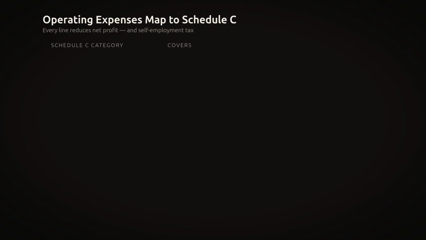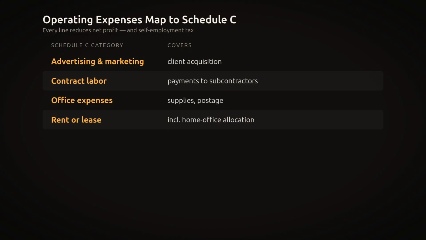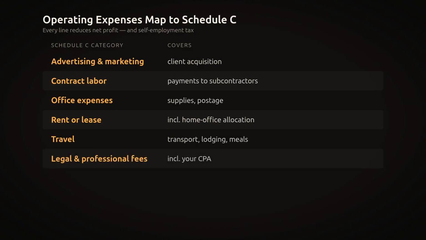Operating expenses on a freelancer's P&L map directly to Schedule C categories. Advertising and marketing. Contract labor, payments to subcontractors. Office expenses. Rent or lease, including home office allocation. Travel expenses, transportation, lodging, meals. Professional development. Legal and professional fees. Insurance.